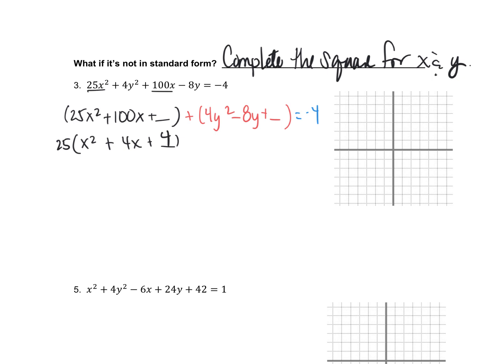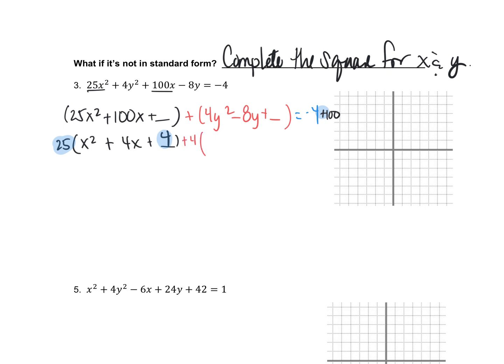Now to add that to the other side, I have 25 times 4, so over there it has to be plus 100. So don't forget to add those together. Plus 100.